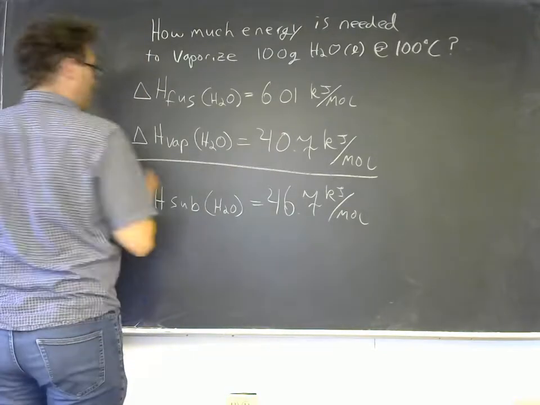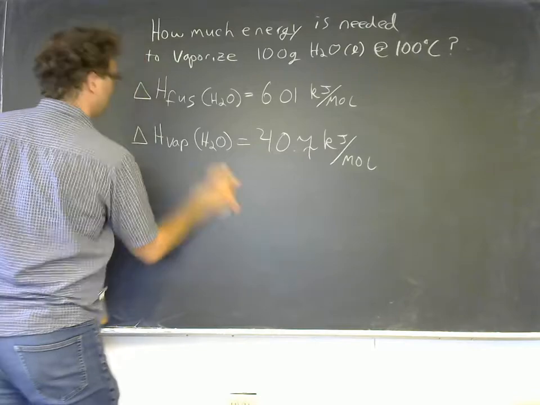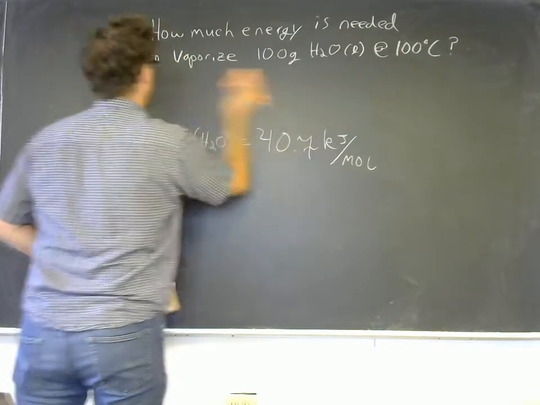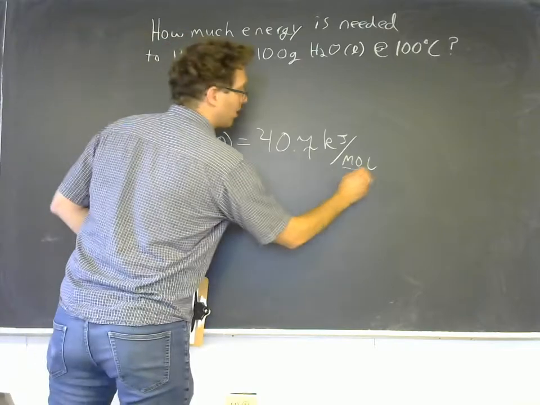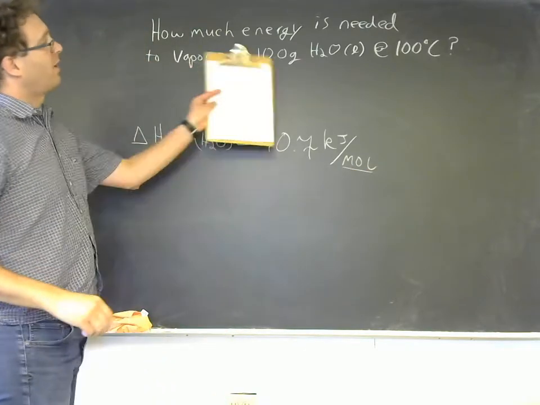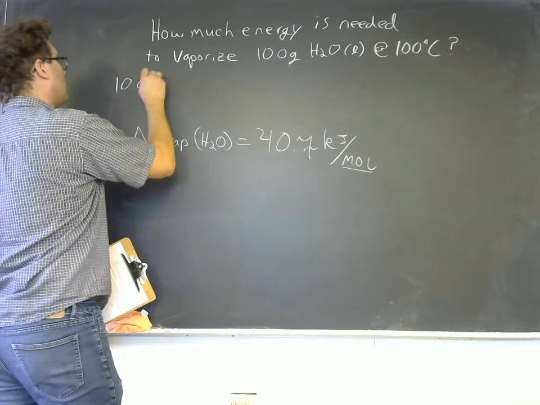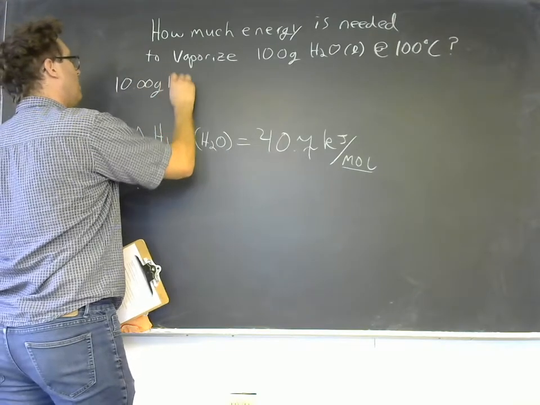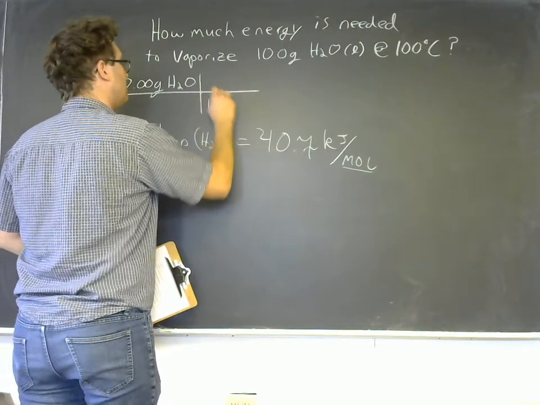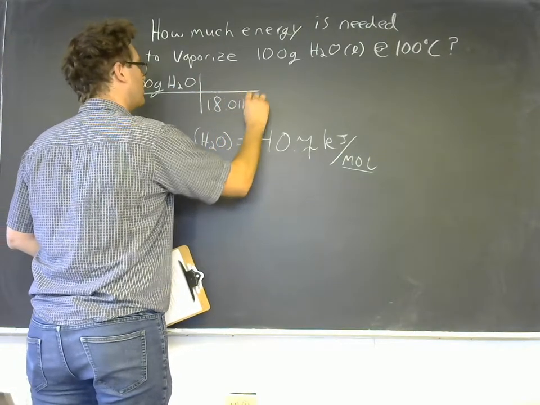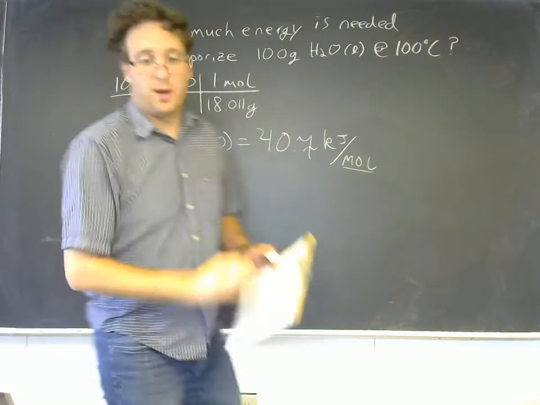Well, we need that vaporization enthalpy. And then we also need to recognize this is a molar amount. And so we'll convert our 10 grams into moles. 10.00 grams of water. 18.011 grams is 1 mole.